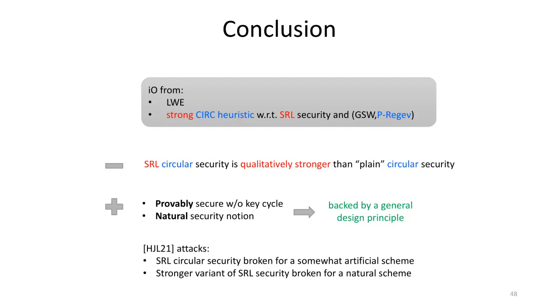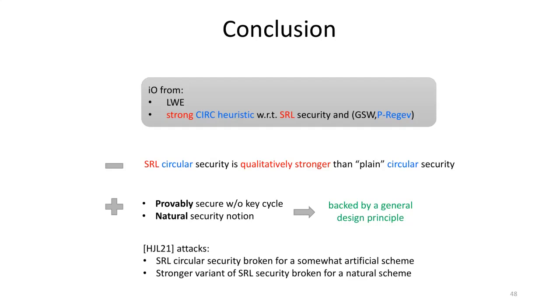And the second interpretation of their attack is that it's an attack on a stronger variant of SRL for a very natural scheme, actually for GSW. The stronger variant is defined for FHE schemes that evaluate not only Boolean functions, as we do with Boolean gates, but functions with extra arithmetic gates, which allow computing mod Q, where Q is the modulus of the scheme.